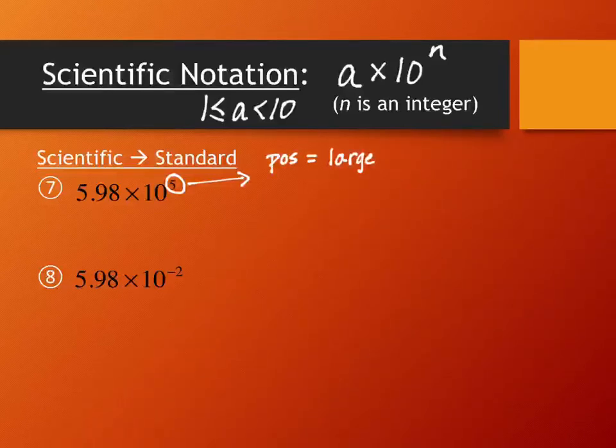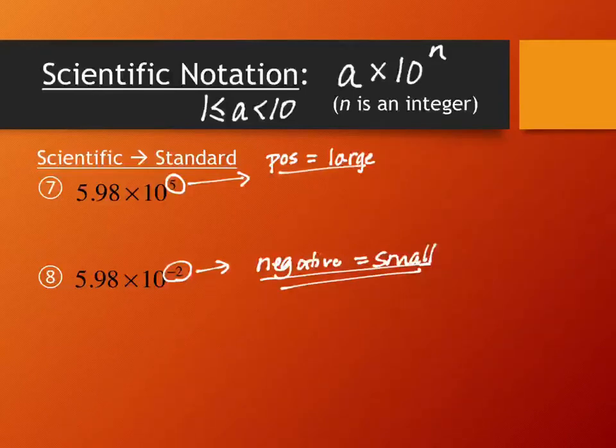That's really what it means. On the second one, you see a negative value, and a negative value means that it's a small number. So if you can keep these ideas in mind and then move decimals to create numbers that do that, then you're golden. Right now, those numbers are both 5.98.